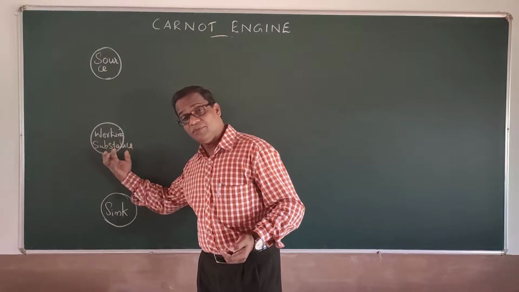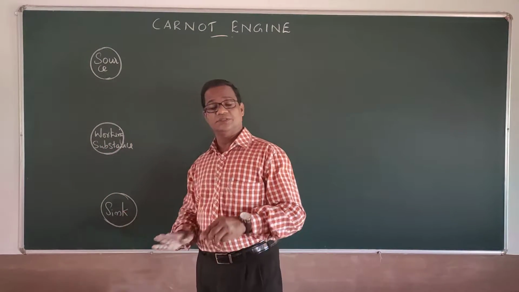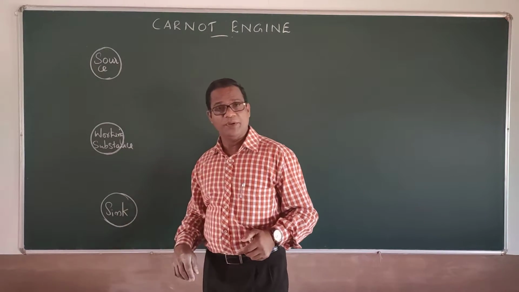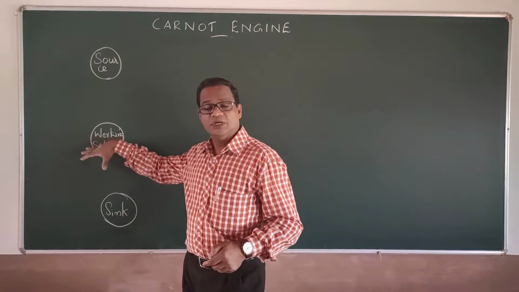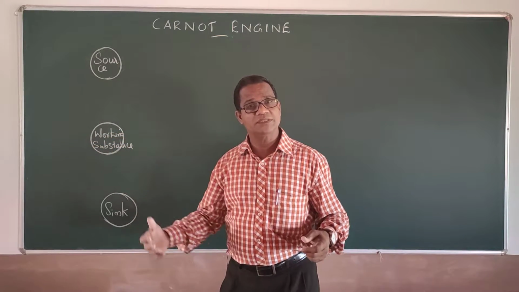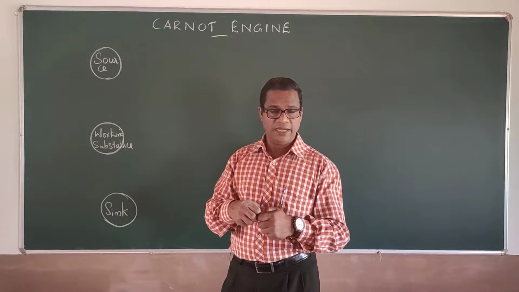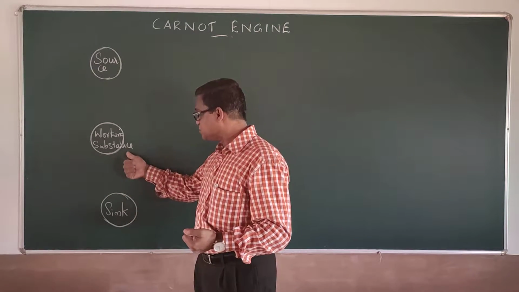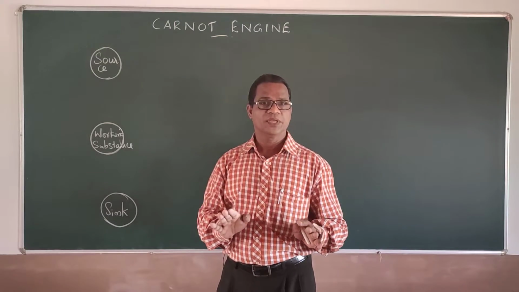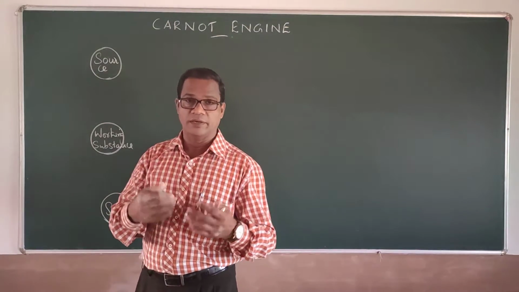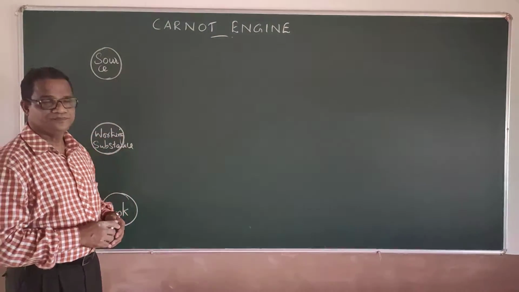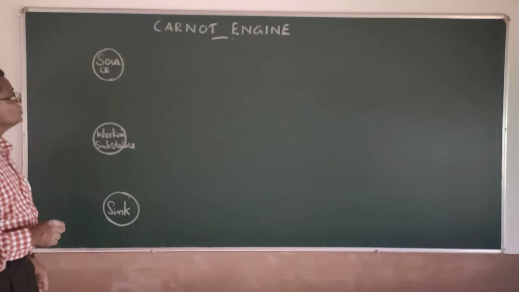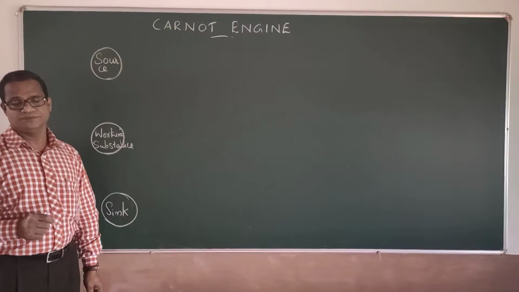Why is the heat sink required? Because after doing work, the working substance is left with some heat energy inside, and that must be removed. For that we use the heat sink. It is actually a heat remover. So these are the three main parts of a Carnot engine.